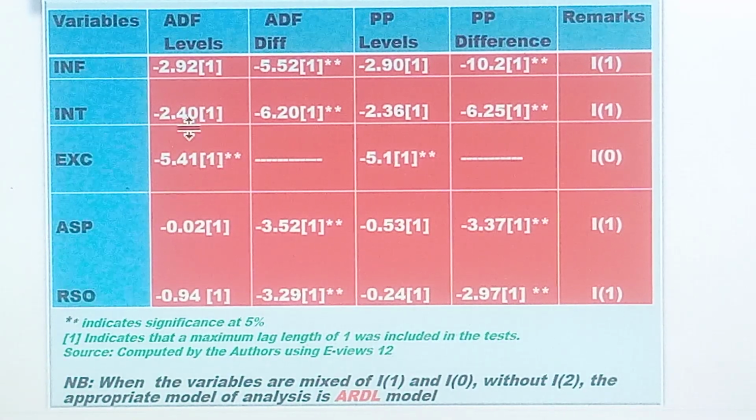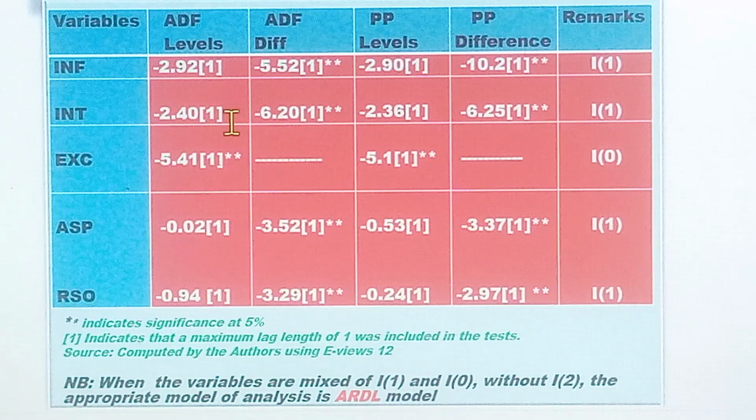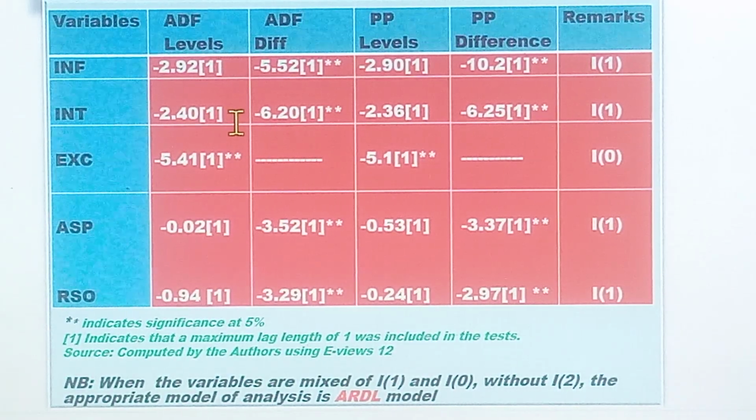It could be 3 I(1), 2 I(0). It could be 2 I(1), 3 I(0). It could be 1 I(1), 4 I(0). What is important is that they should not all be integrated of the same order. As long as one of them is different, that is, one is I(1) and the rest are I(0), or one is I(0) and the rest are I(1), we say that the variables are integrated of different order.